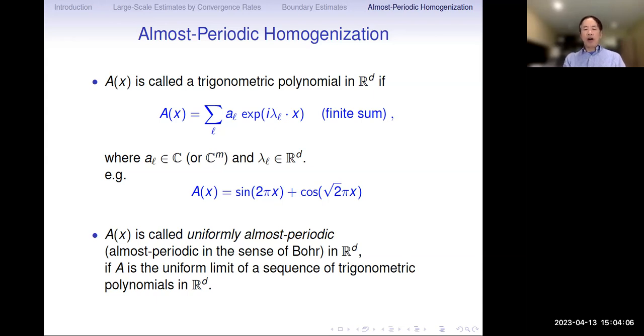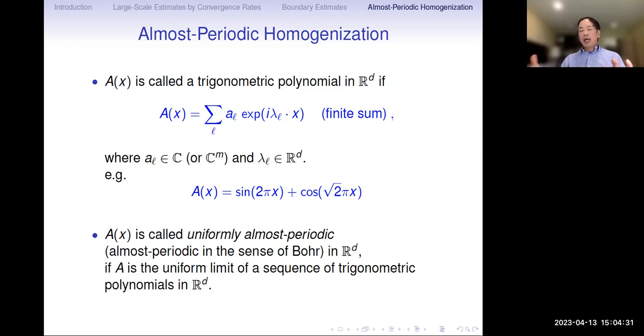Well, for the definition of almost periodic functions, there are several definitions, several classes. The smallest one is called uniformly almost periodic, or almost periodic in the sense of Bohr. So these are functions which are uniform limits of sequences of trig polynomials.